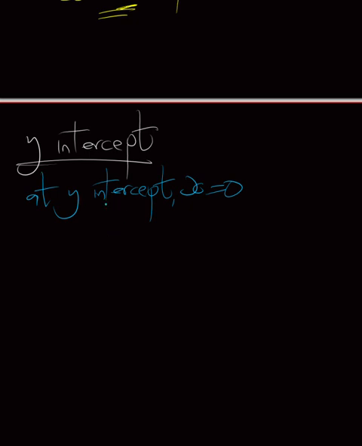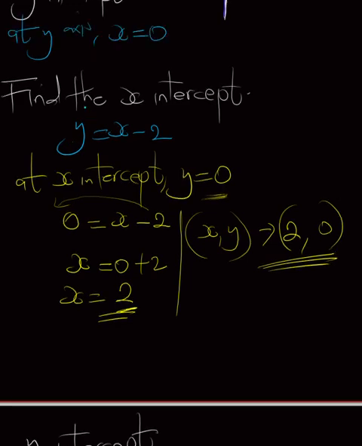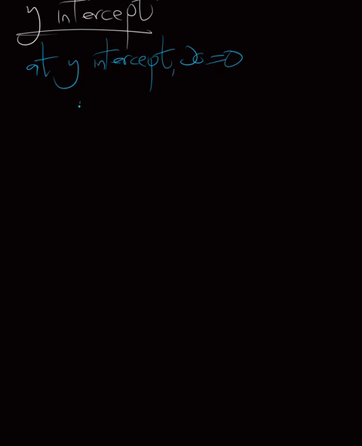We will still use the equation of the line that we had earlier, the main equation of the line: y is equal to x minus 2. That was our main equation at first.